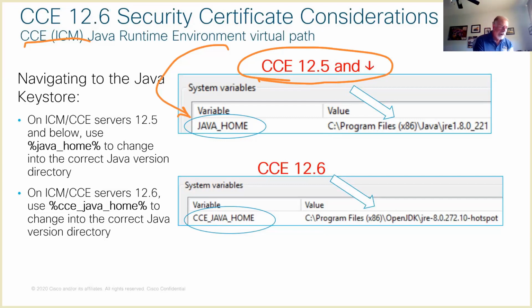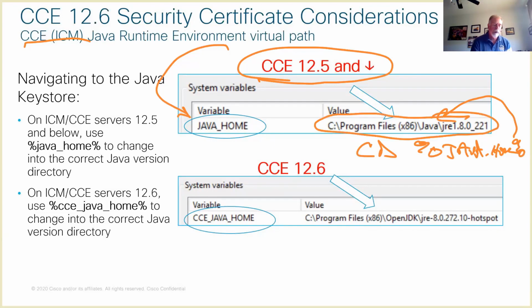You can do a change directory, by example, into %JAVA_HOME%. And what it'll do is change your directory location magically into whatever that folder is, based on this system variable. Well, that's cool. You used to go to this folder location. Underneath there were a couple of other folders, which we'll point out to you, that you went to: a bin folder, a lib security folder, and that's where your Java Keystore was.